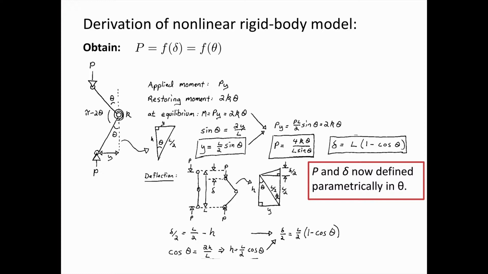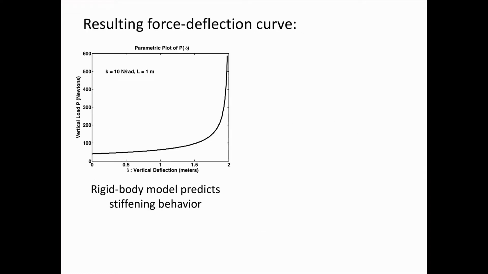And so this requires both a bit of trig and also looking at statics equations. But at the end, we have this parametric definition of the force deflection curve, and then we can plot it and visualize it, see what's going on.